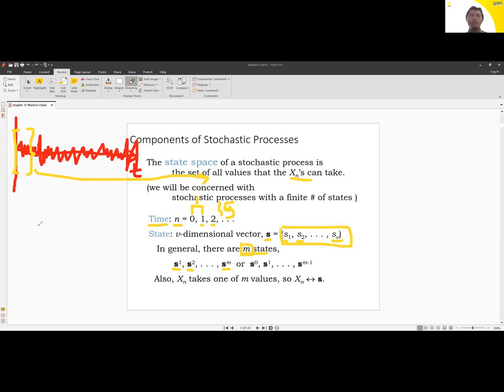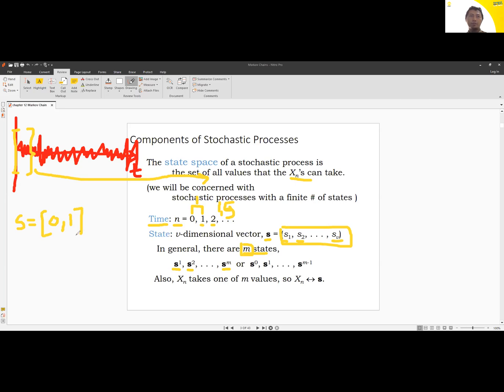So let's take an example here. Let's say S consists of 0 and 1.